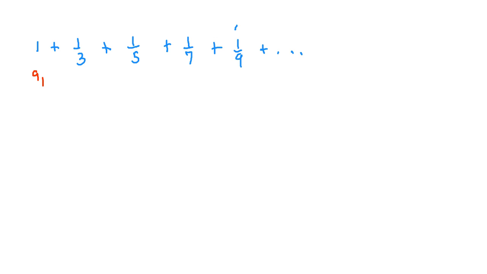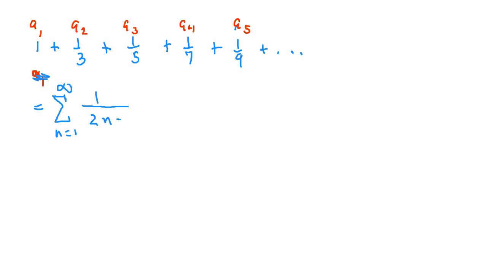This is the first term, second term, third term, fourth term, fifth term, and we want the formula for the series. And you're right. The formula for that series is the summation n equals 1 to infinity of 1 divided by 2n minus 1.